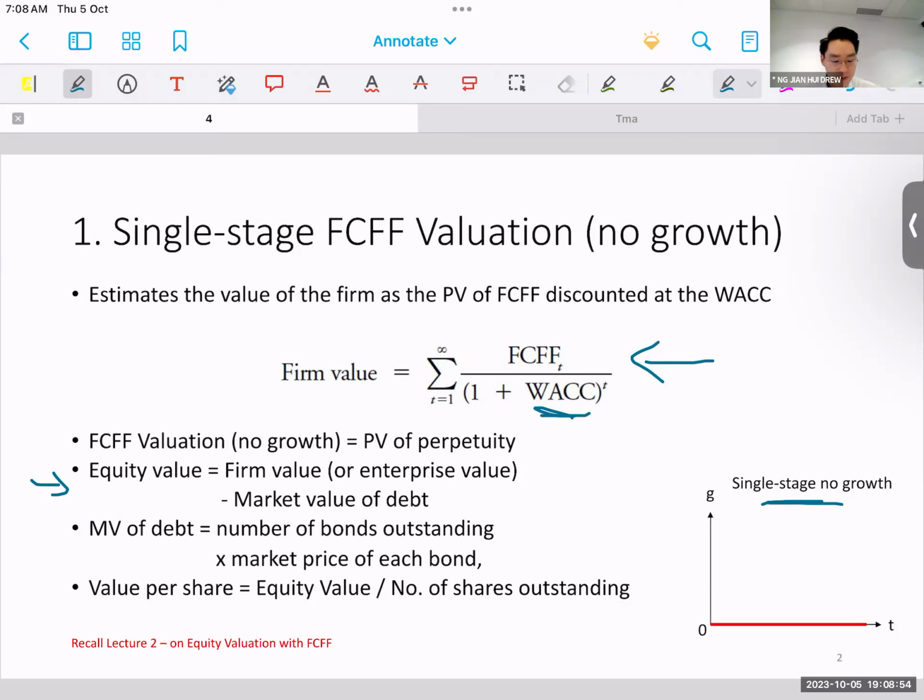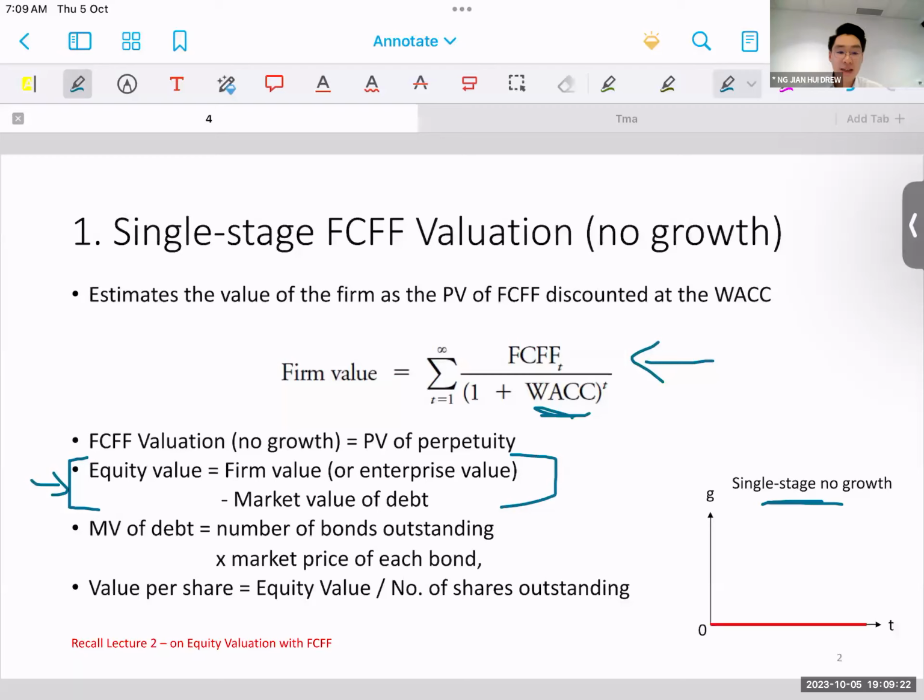One important thing to take note of, as mentioned earlier, is that the FCFF component includes the debt. So there is a general form where we can say that the value of the equity equals the value of the firm minus the market value of the debt. What does this mean? It means that if we find the value of the firm using the FCFF, we can derive the value of equity if we are given the market value of the debt.